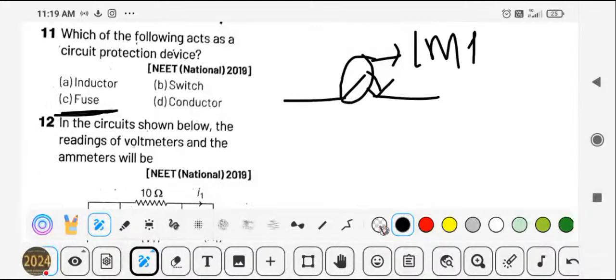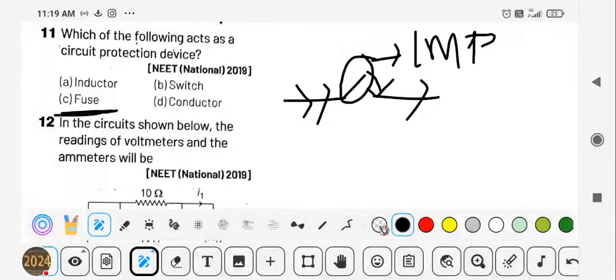If heavy current goes through, the temperature increases, and they are also given a low resistivity, so it cannot withstand much temperature. So this is going to melt.